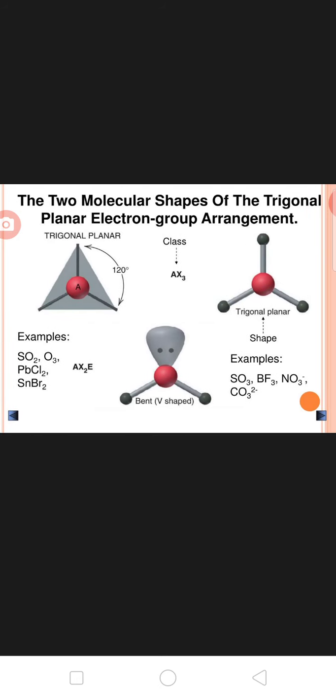The two molecular shapes of the trigonal planar electron group arrangement. If there are three bond pairs, then they form the exact trigonal planar geometry, as in the case of BF3, SO3.